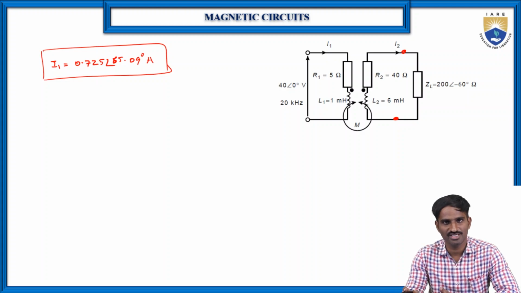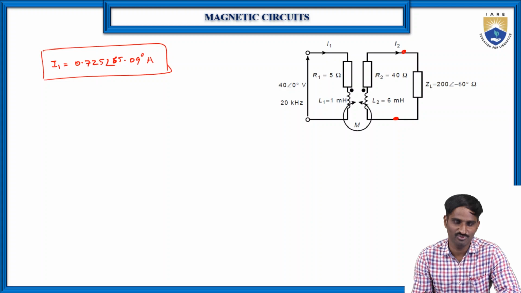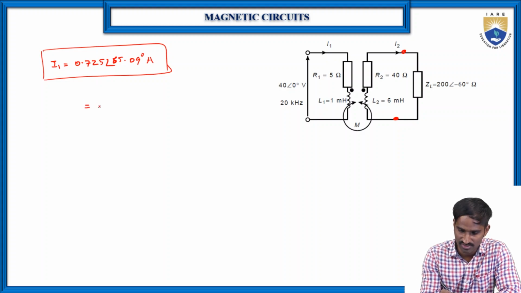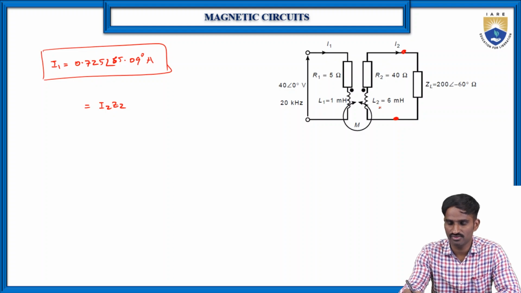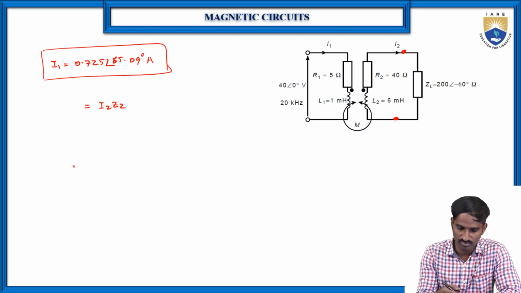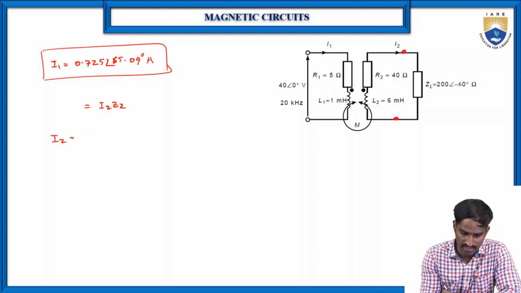But to find the voltage across the load, again we require the value of I2, because the potential difference across the secondary winding is I2 into Z2, as the current flowing through this winding is I2. So let me write the value of I2 also. I2 is 0.262 at an angle of 78.64 degrees.